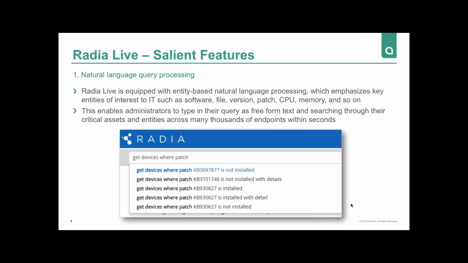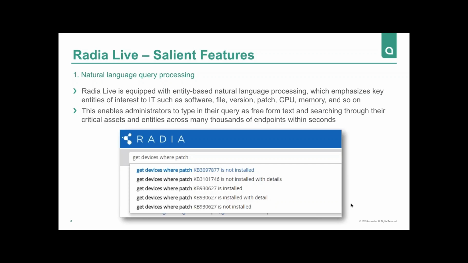So this whole natural language processing, the whole query, to get the kind of software running, the file versions, patches, CPU, memory, all of these things are available as keywords. It's fairly intuitive, but if you find it a little hard to remember, there'll be a manual that explains what is possible.